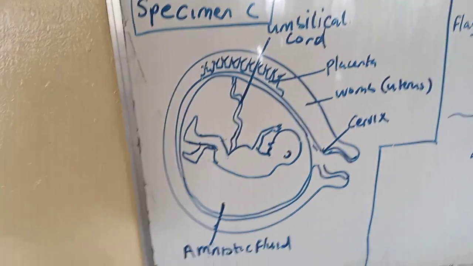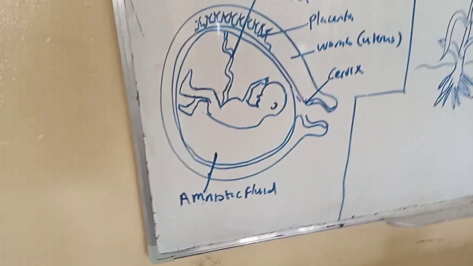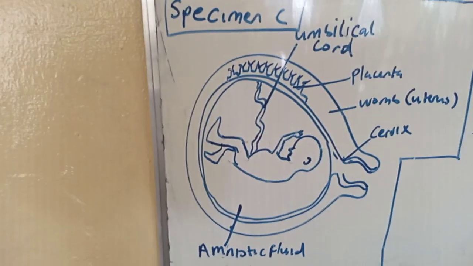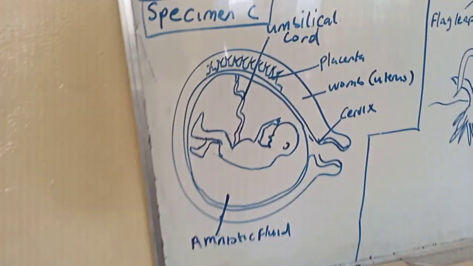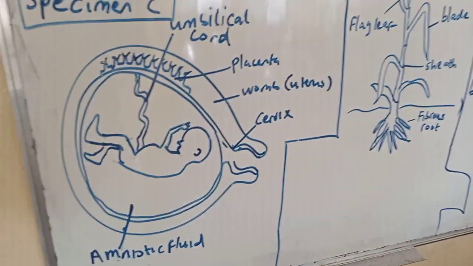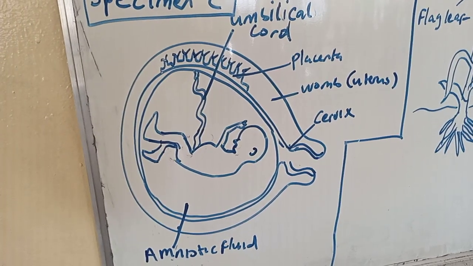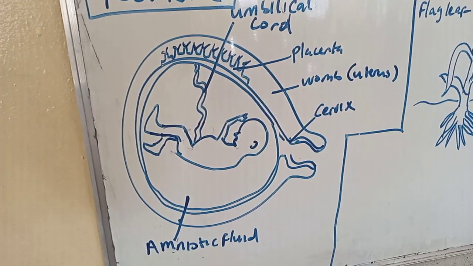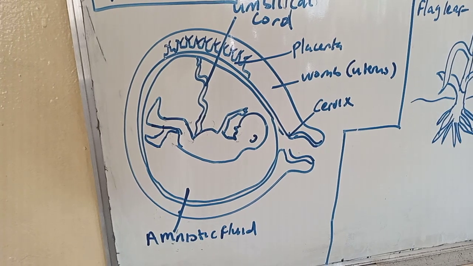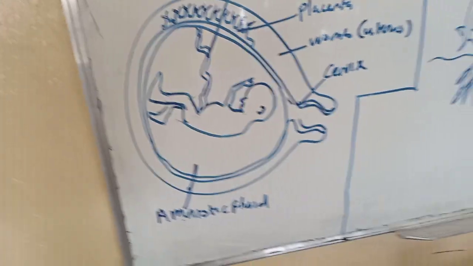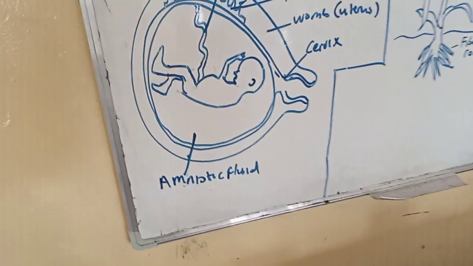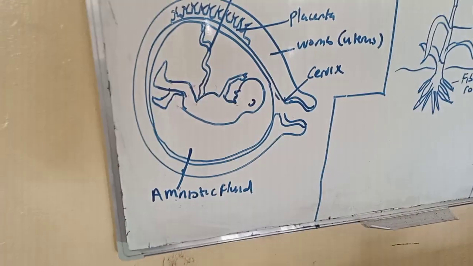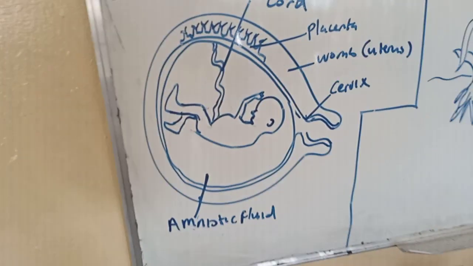It protects the fetus. Other things involved: we have the cervix. The cervix is a ring of muscle that controls childbirth. It opens up so that the child can pass through.